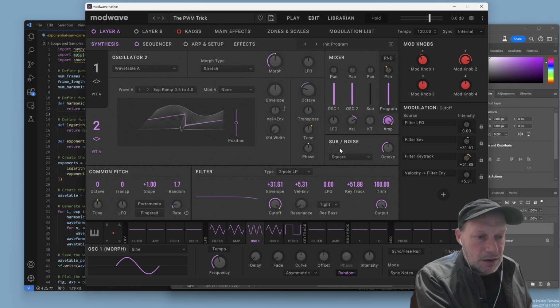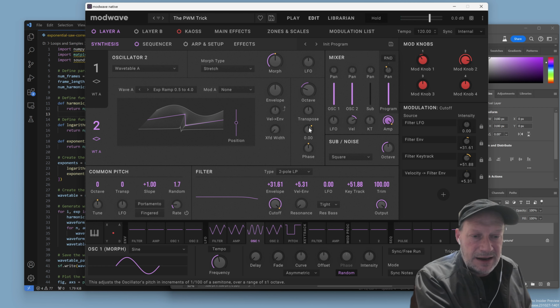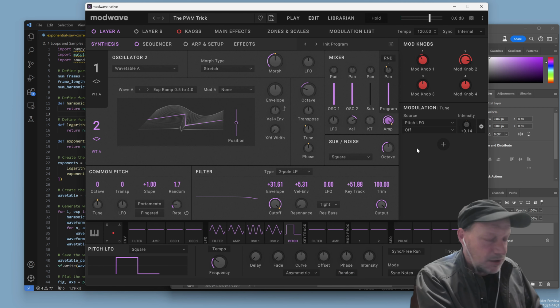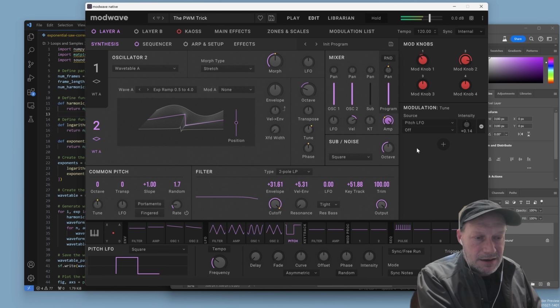So what we want to do is modulate this slight tuning offset using a square LFO. So our pitch LFO here is set to a square wave, and now when I play this, you've got that classic sound where the pulse width is changing. And so I'm going to turn this modulator off.